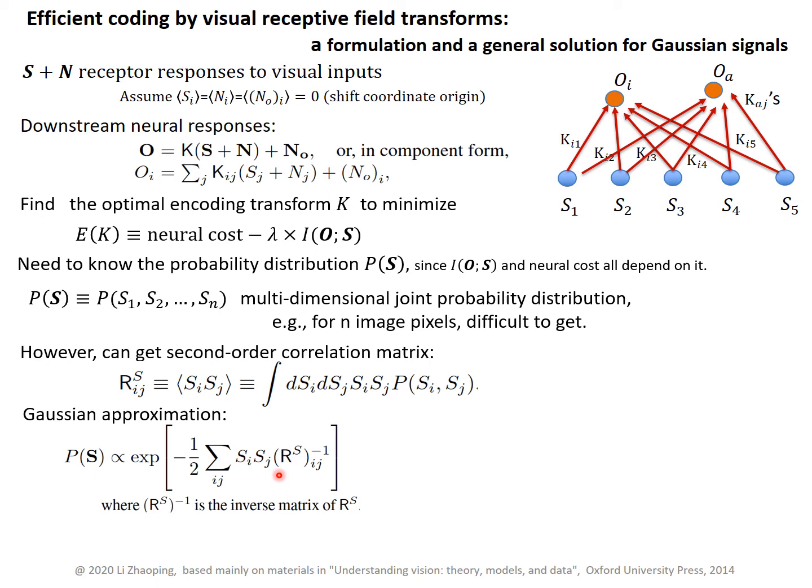This may look a bit complex, but we can see the special form when S is not a huge vector, but just a scalar. This is a Gaussian distribution we are familiar with. In this you see the quadratic S squared.